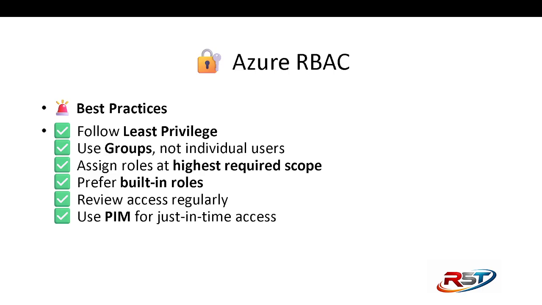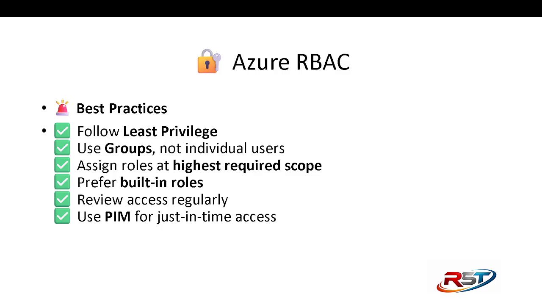So that is easy, right? This reduces the administrator overhead. If you want to assign each and every user, that takes a long time, and there is manual work involved. So avoiding that, use groups, not individual users.